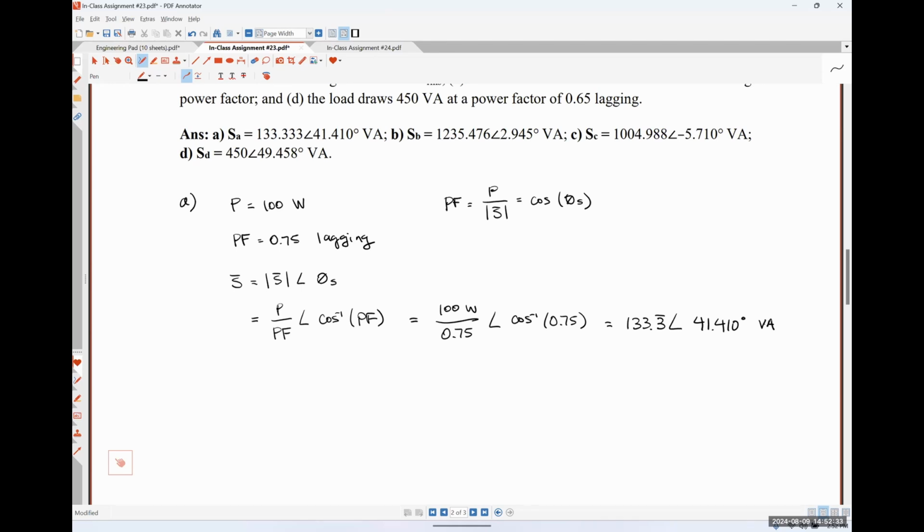It literally can't give you a negative angle. So we need to pay attention to the sign of that angle to make sure that it's correct. So how do I know whether or not the sign on that angle is correct?